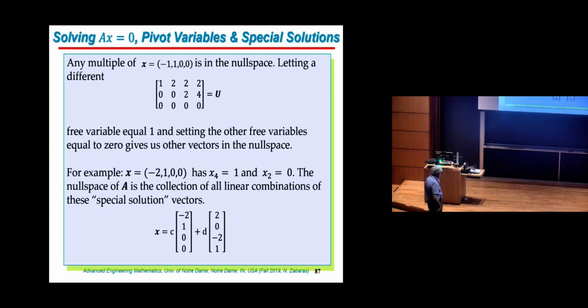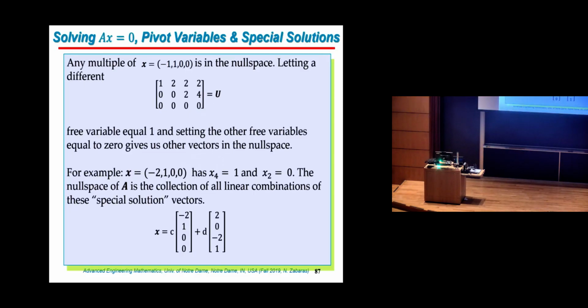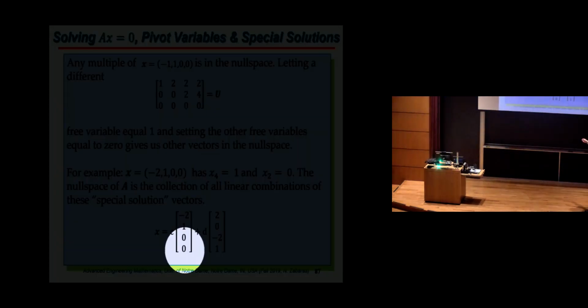All right? We haven't done all the fancy details that I would like to do in 3 hours. But in principle, what we did is, by having this row echelon form, we managed to identify the pivot columns, okay, x1 and x3, and then the free columns that correspond to variables x2 and x4. So the null space is defined by these special solution vectors, where one of the free variables is set to 1 and the other to 0.